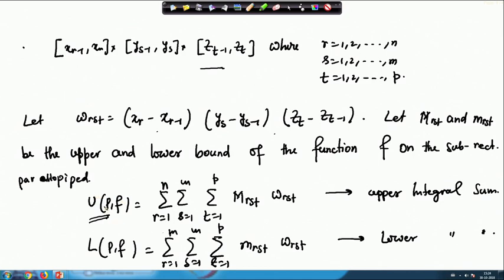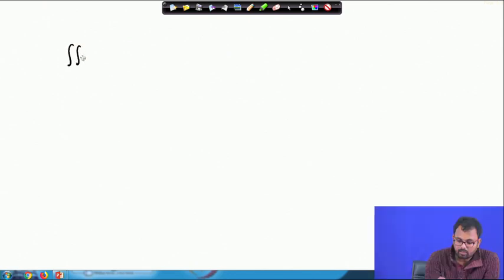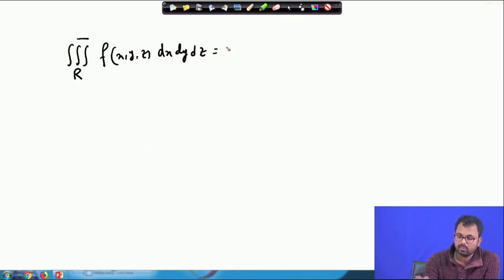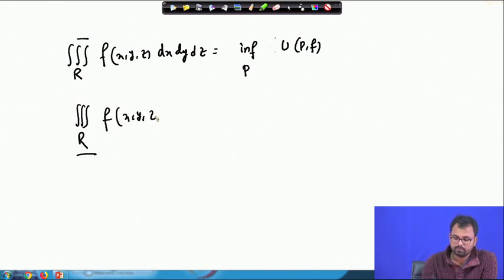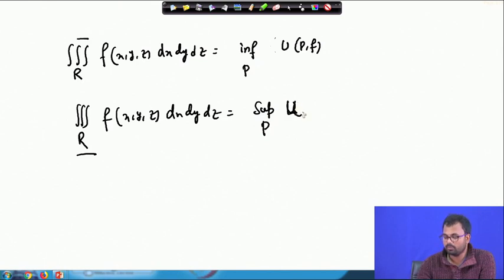So the upper integral on this rectangular parallelepiped R, of f(x, y, z) dx dy dz, is basically the infimum of the set of all sums U(P, f), for all partitions P. Similarly, the lower integral, let's write a lower sign at the bottom, of f(x, y, z) dx dy dz equals the supremum over all partitions of L(P, f). This is called the lower integral.